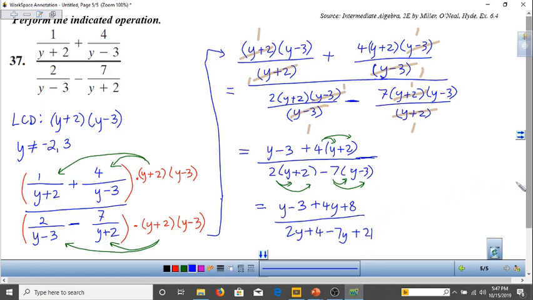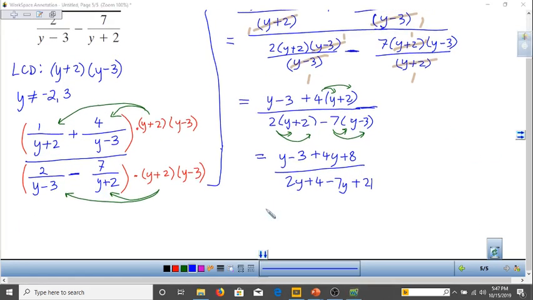Now we combine like terms, and we end up with y plus 4y is 5y, negative 3 plus 8 is 5, over 2y minus 5y is negative 5y, and 4 plus 21 is 25. As you can see, we can factor out a 5.